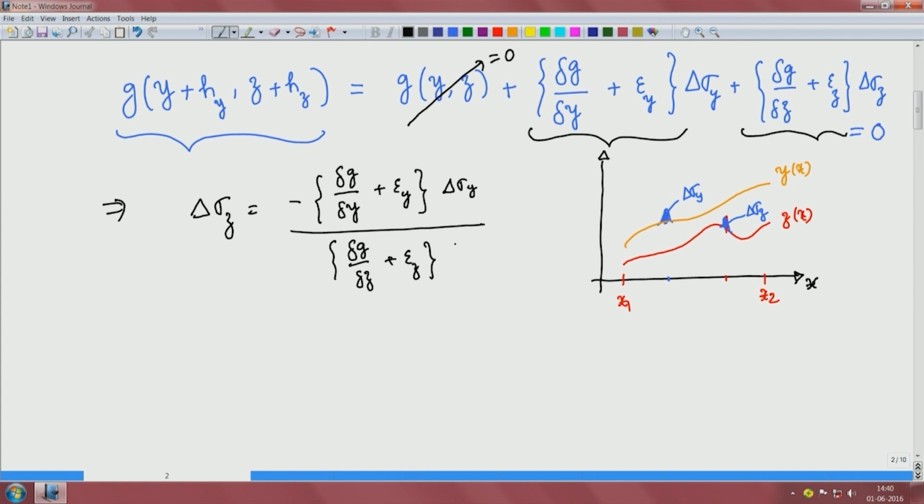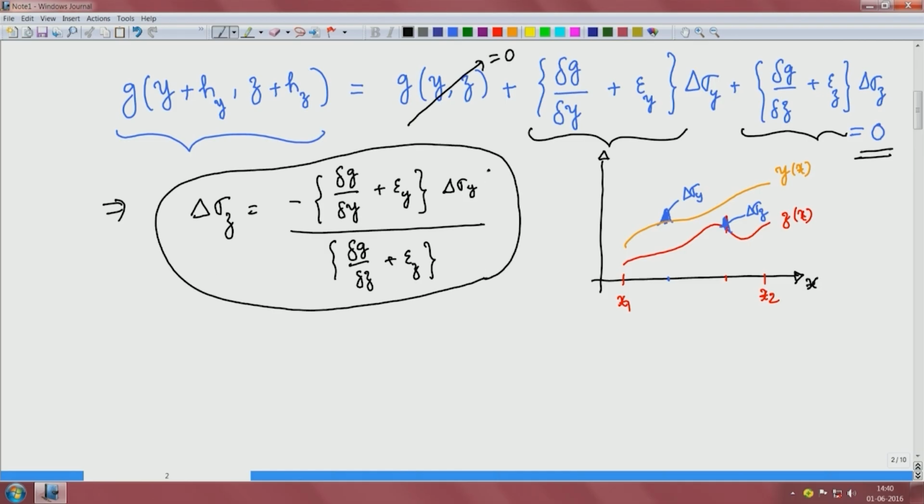This is what we get here, because after perturbations the constraint must be satisfied. Okay. Now, we use this fact that we can have one perturbation freely, whatever we want, then this other one gets determined.